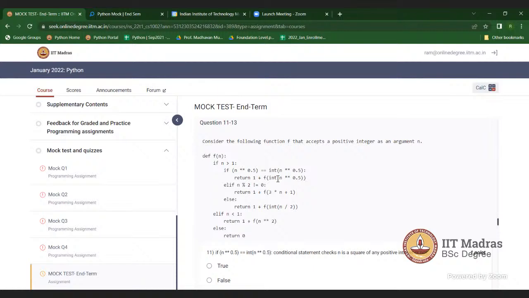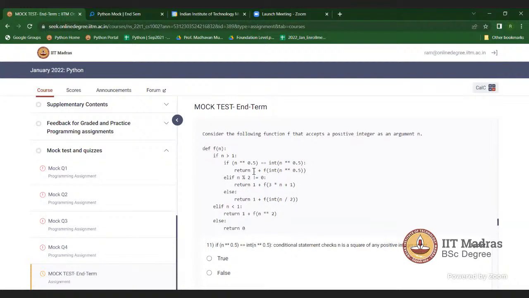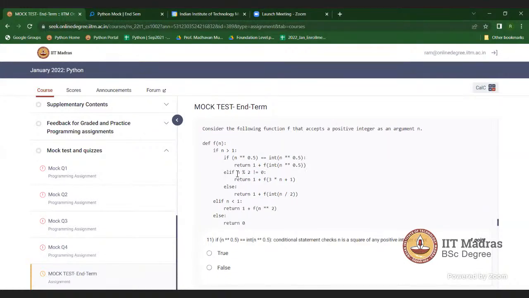For f of 100 also, the square root of 100 is 10, an exact integer, so it's going to return 1 plus f of 10. So we basically have 2 plus f of 10, and for calculating f of 10, 10 is not a square of any number.